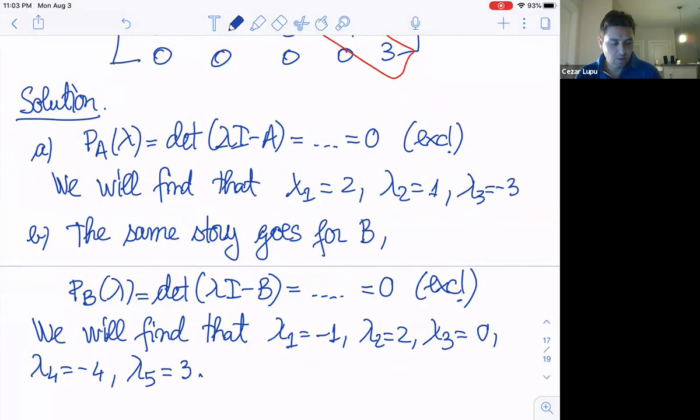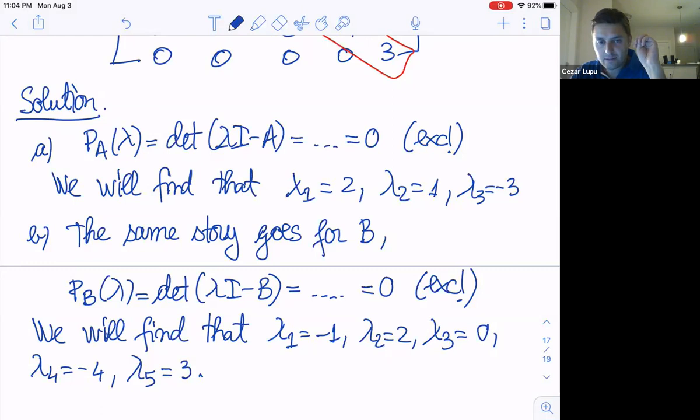Well, this is how it's very easy to find the eigenvalues. And every time when you have a triangular matrix, you know exactly what the eigenvalues are. And that's a very, very important thing, because we want to use this kind of reasoning when we deal with diagonalization of matrices.